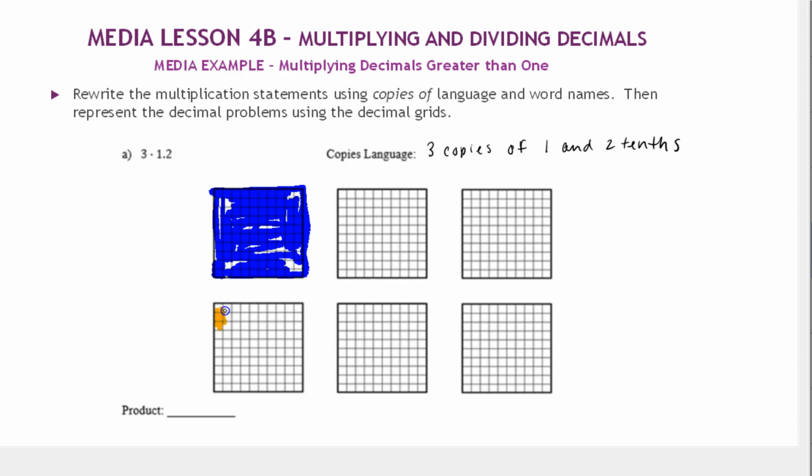So that entire grid up there is shaded, representing 1, and there is our 2/10. So this is 1 copy of 2/10. Now I'm going to fill in the rest. I'm going to do the 2/10 first, since I have my orange pen ready.